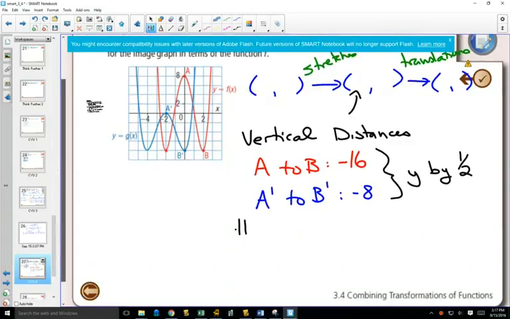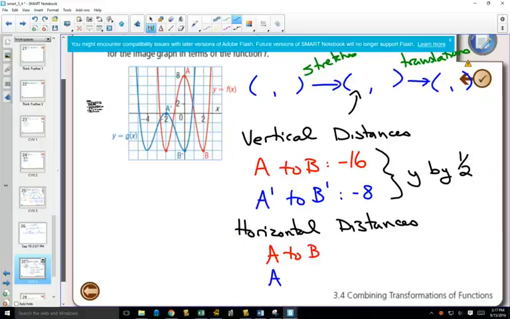In our horizontal distances, when we look at A to B and then A prime to B prime, A to B is positive 2.